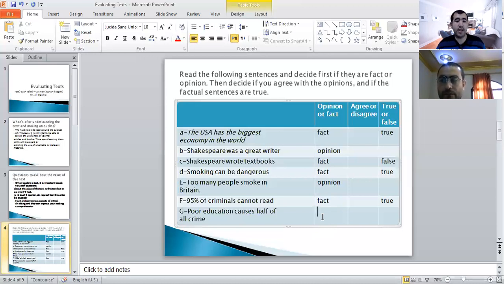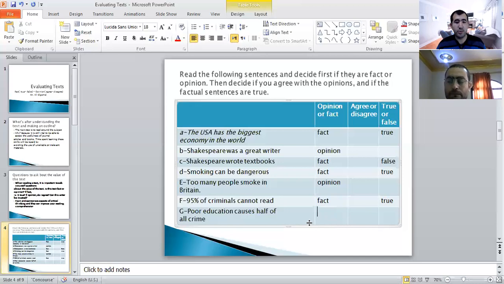But if you tell someone 90% of pollution is caused by putting dirt in the water, for example, this is a fact. And it is true if and only if I give you evidence about the statistics.